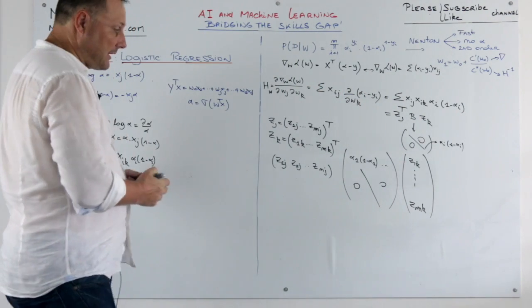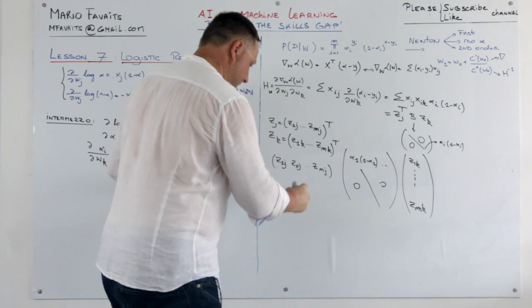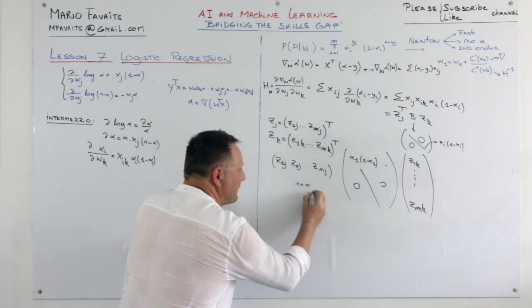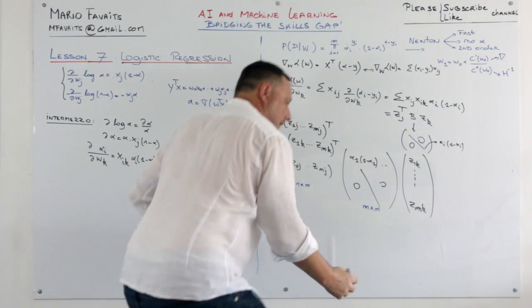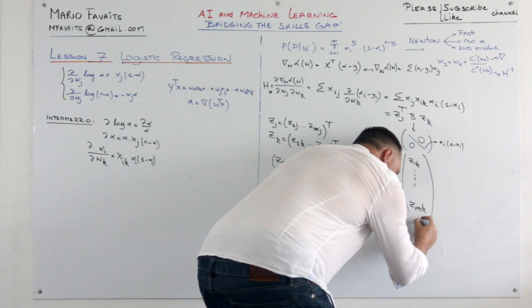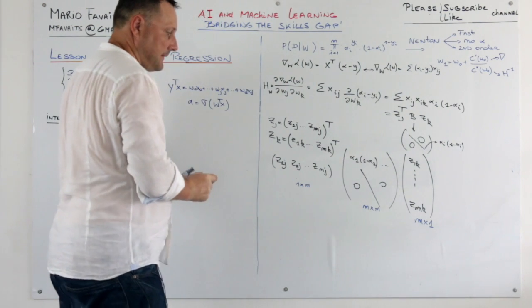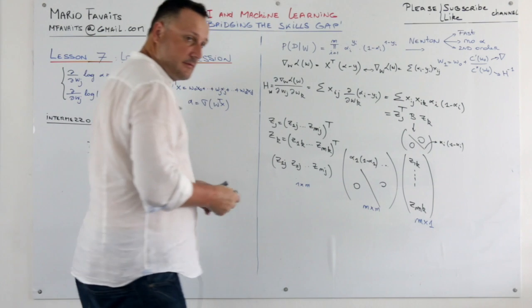Now, this is if we write it in vector form. The first element is a 1 times m, this is going to be an m times m, and this is going to be an m times 1 matrix. So this is going to be a square matrix.